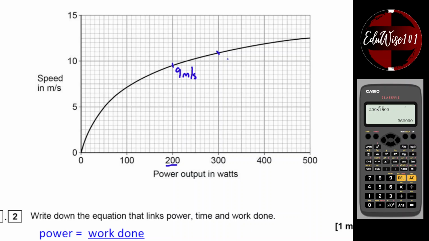So I'll take it as 11.75. Right, it's slightly above 11.5.